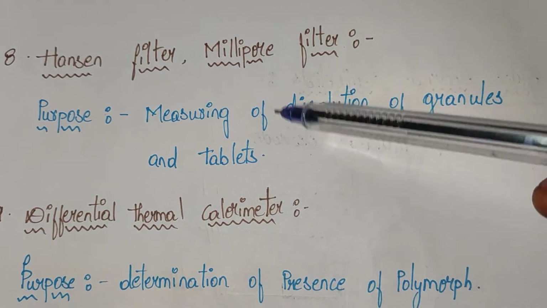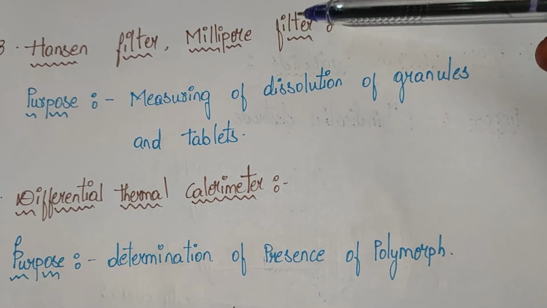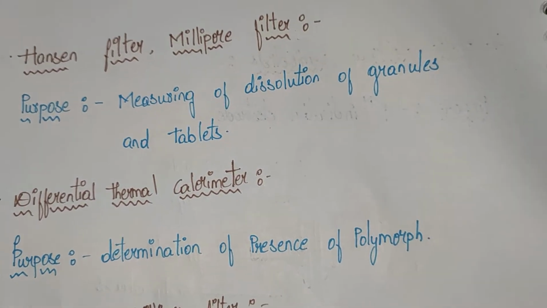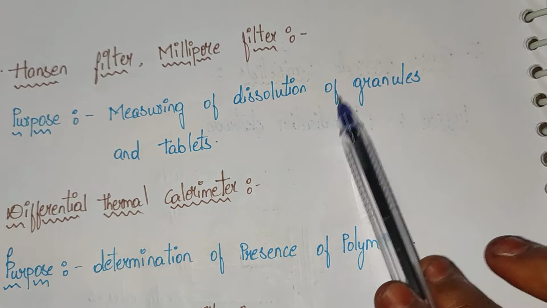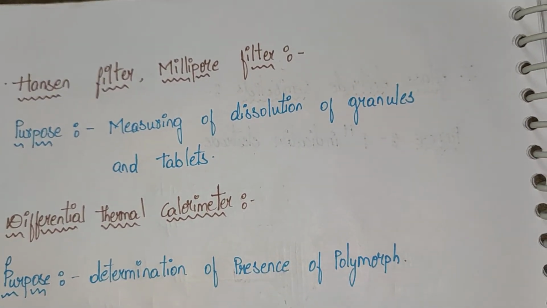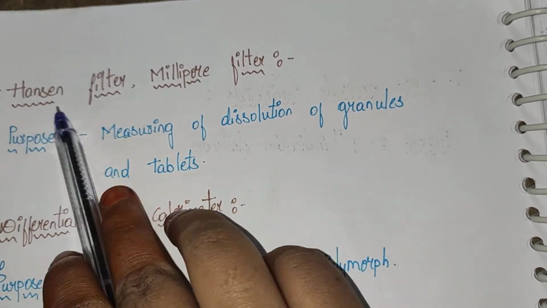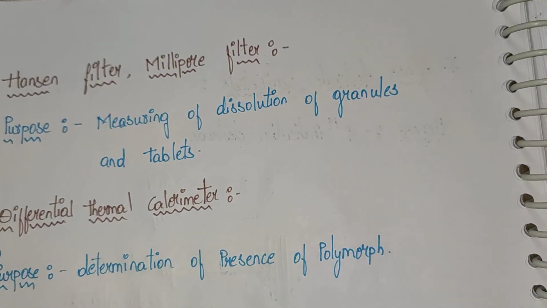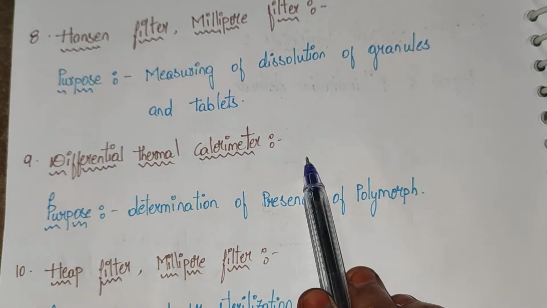Next, coming to the Hanson filter and Millipore filter. These filters are mostly used for the measuring of dissolution of granules and tablets. Coming to the next one, that is the differential thermal calorimeter.